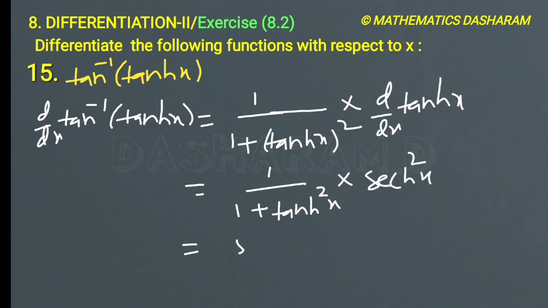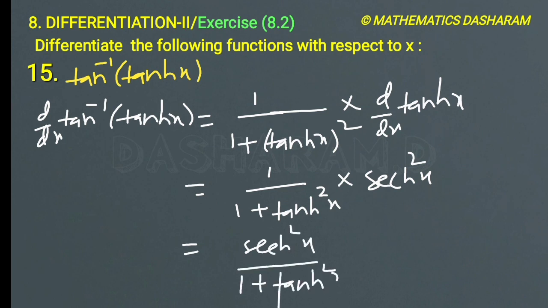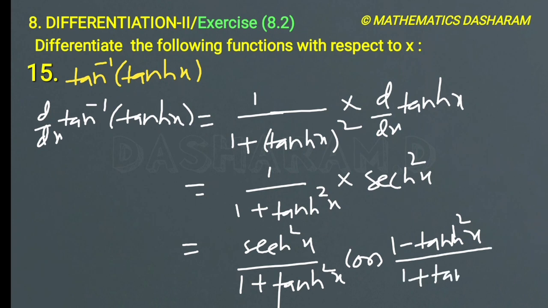So it is equal to sec h square x divided by 1 plus tan h square x. Or as the sec h square x formula is there, that is 1 minus tan h square x, so all divided by 1 plus tan h square x. So both are correct answers.